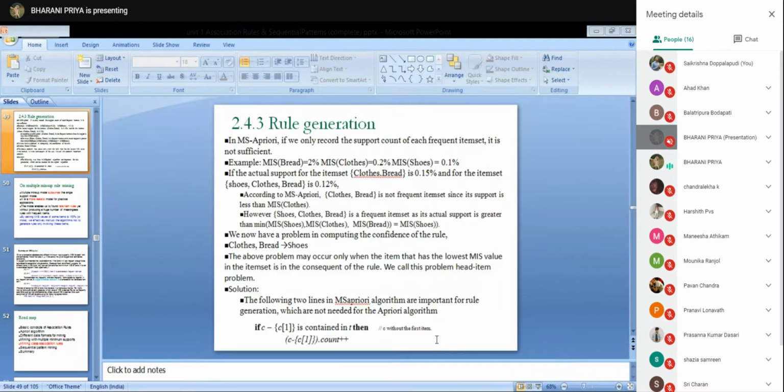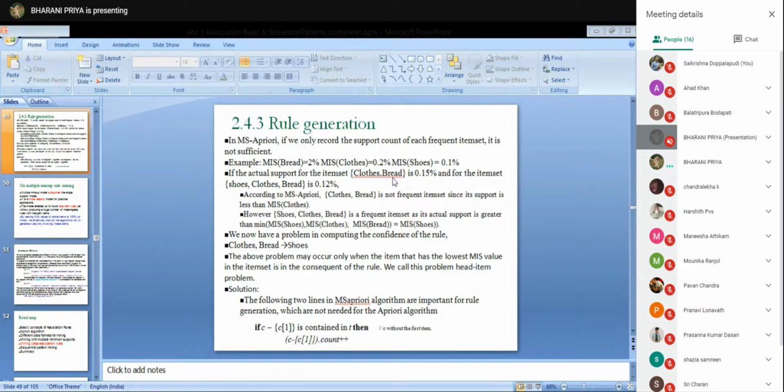Additionally, the main difference between general Apriori and MS Apriori is that you are checking the validity of the rule using the formula: support should be greater than the minimum of all MIS values of the items which are there in the rule. Secondly, if you want to go with the confidence, so mostly we won't use this one, but if at all you want to go with confidence also, then if you see this example.